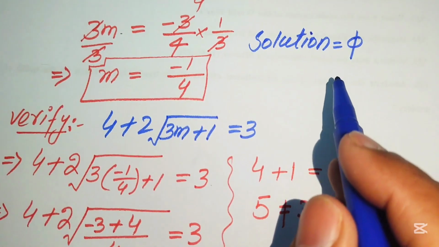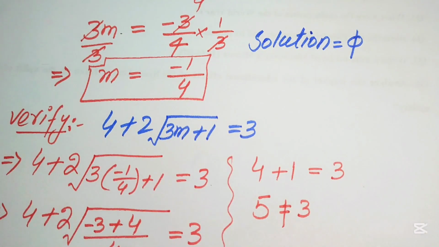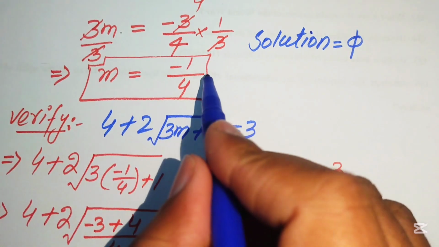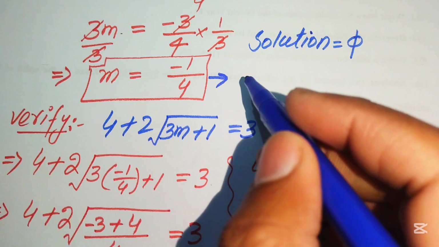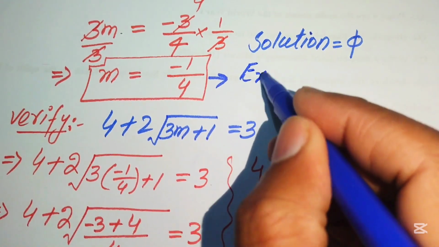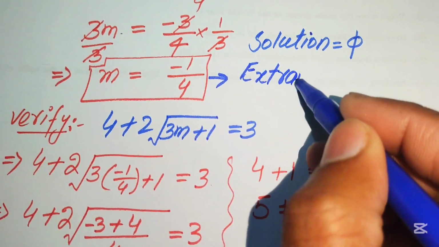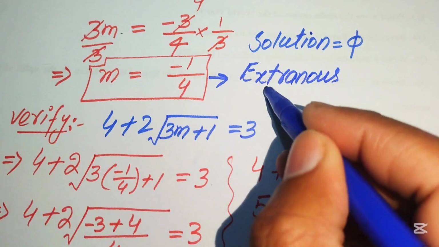This phi denotes that the given equation has no solution. So for no solution I can write this symbol phi, and now this value of m is called the extraneous root. We just write it here, extraneous root.